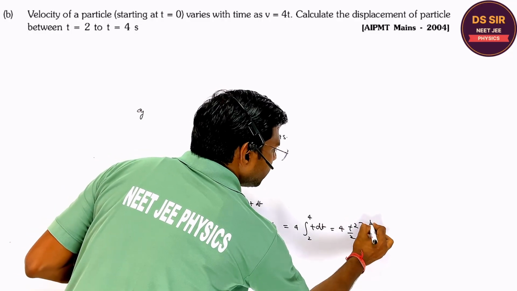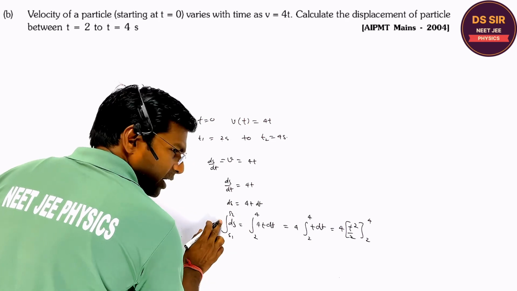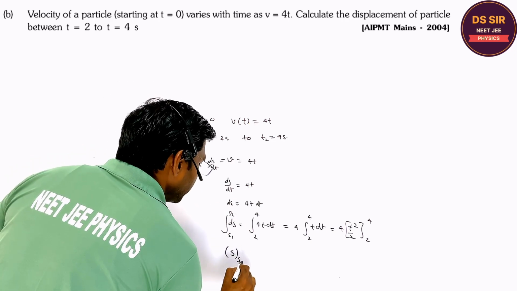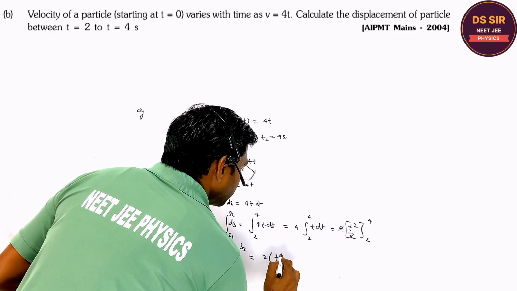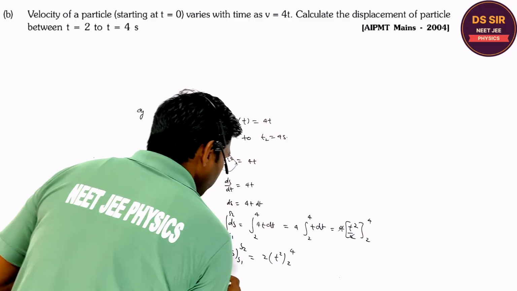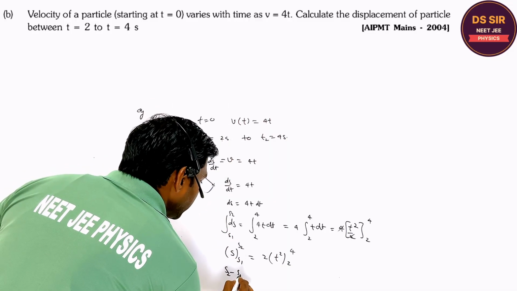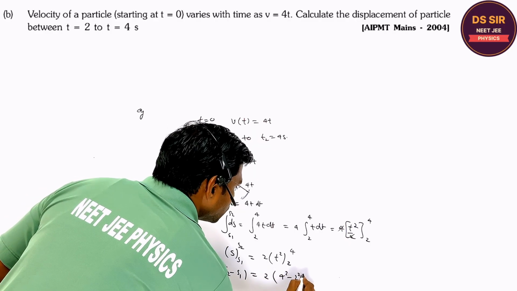This is s from s1 to s2, equal to 2t square from 2 to 4. When you put the limits, s2 minus s1 is equal to 2 times 4 square minus 2 square.